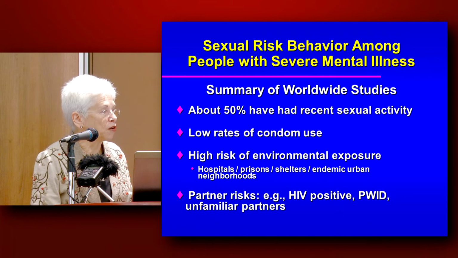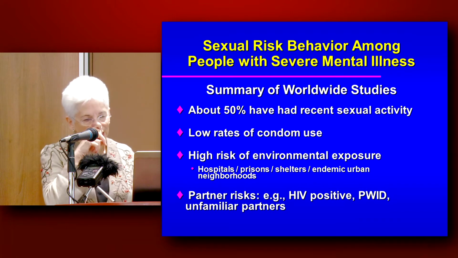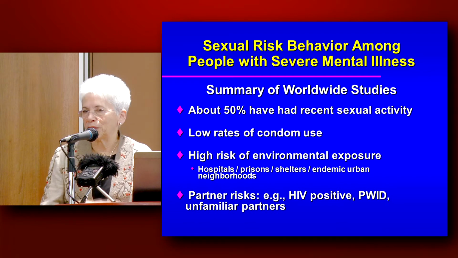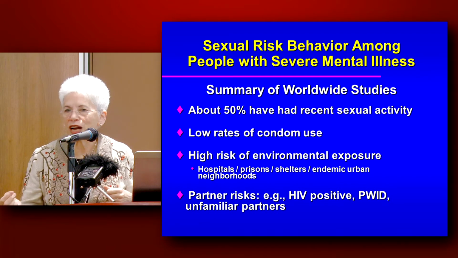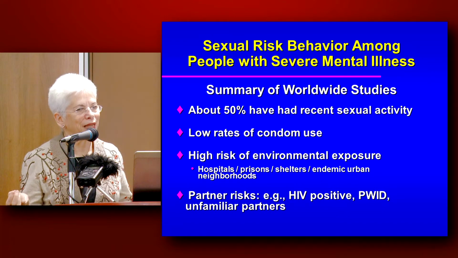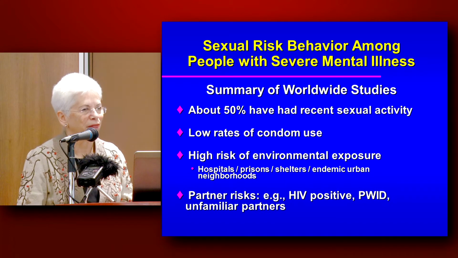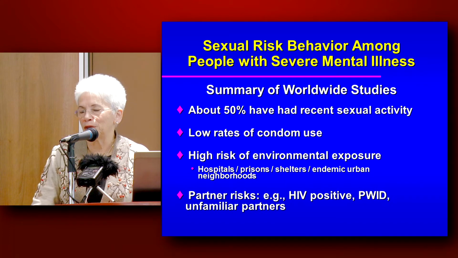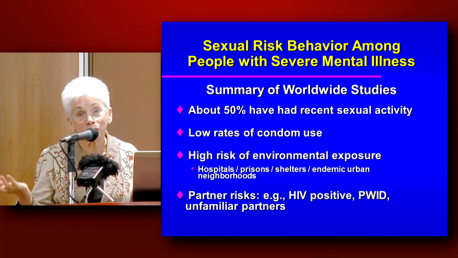And that's both because of what they're doing and the environments in which they're doing it. So a lot of psychiatric patients are having sex, let's say, in a psychiatric hospital or a prison system, somewhere where HIV is more likely to be endemic, where you're more likely to come across a partner with HIV. And mentally ill people are more likely to have partners who they don't know well or who are in a risk group.